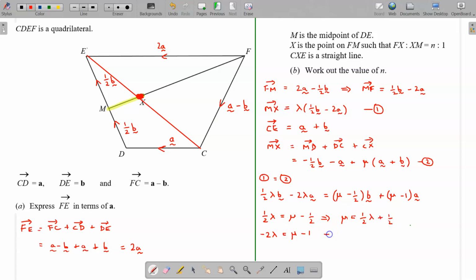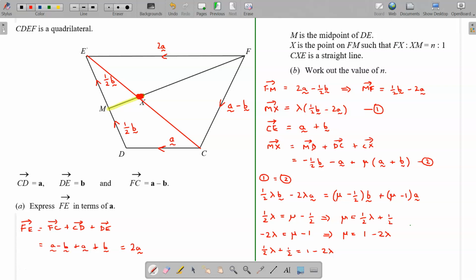And from this one I can add 1 and say that mu equals 1 minus 2 lambda. Because they both equal mu, I can combine these two equations and just say that a half lambda plus a half equals 1 minus 2 lambda. So it's quite a lot of work to do on these questions, as you can see.